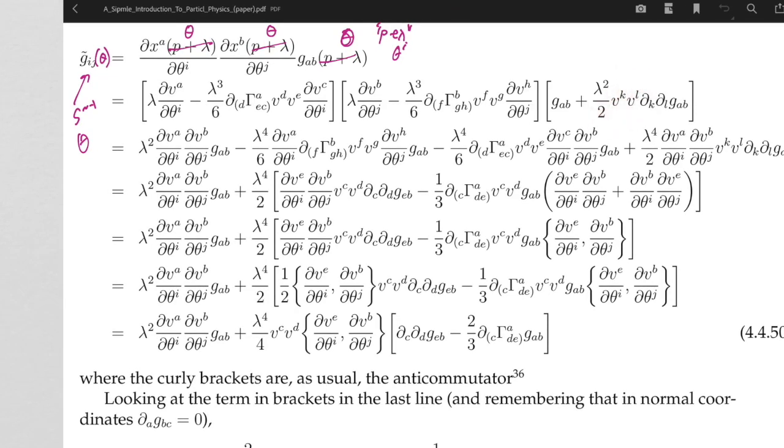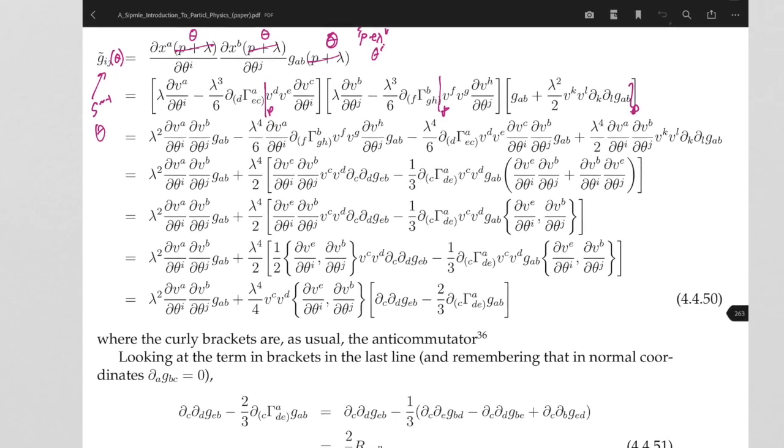These guys are functions of theta. That's a constant evaluated at p. This is evaluated at p too. Make no mistake, this thing here is evaluated at p. That's evaluated at p. That's evaluated at p. And everything else remains as a function of theta, I think.